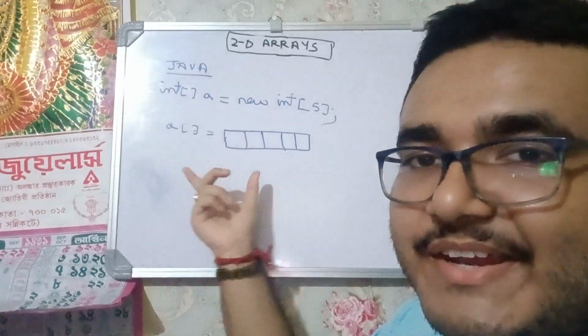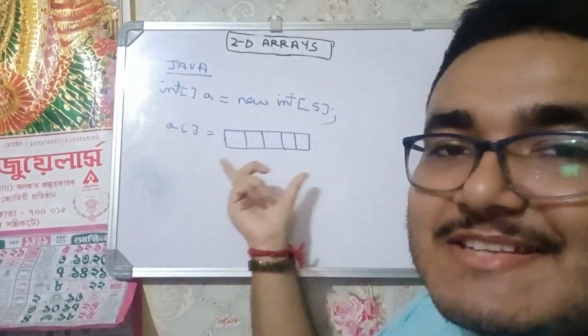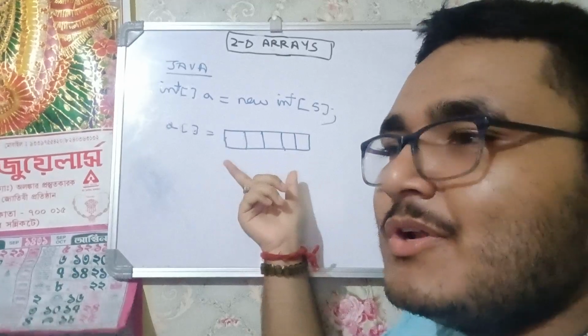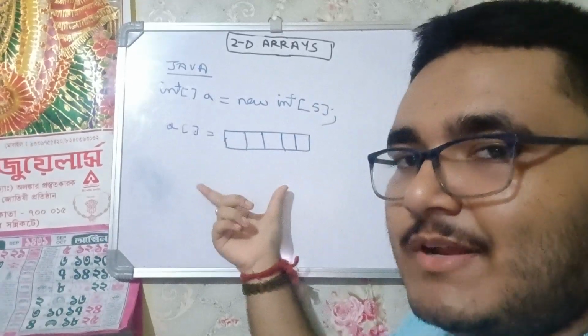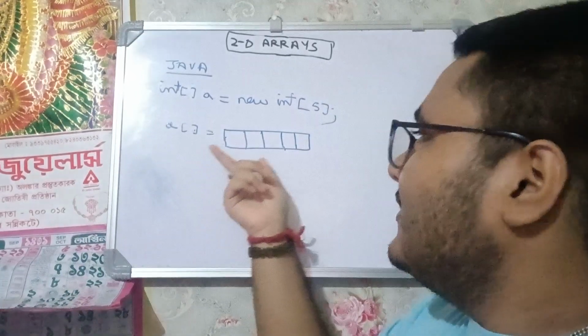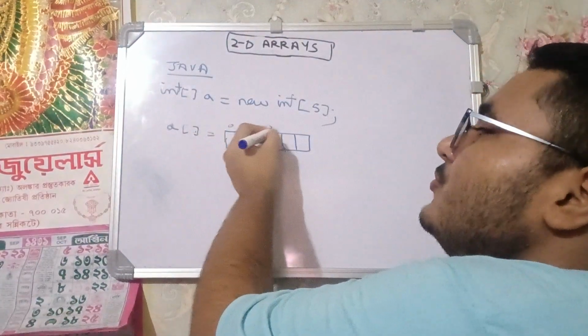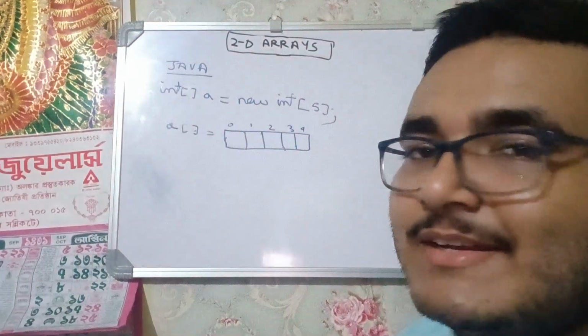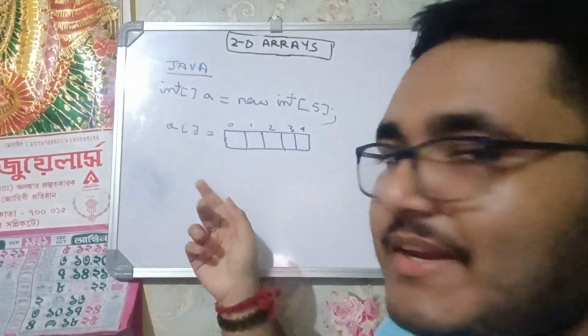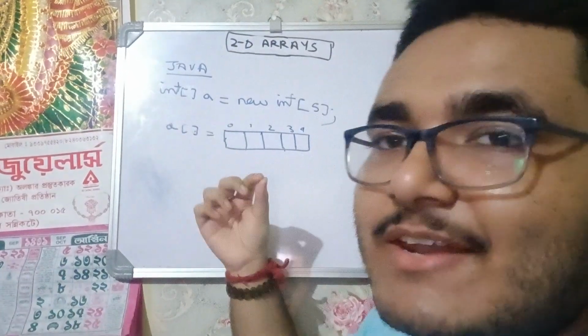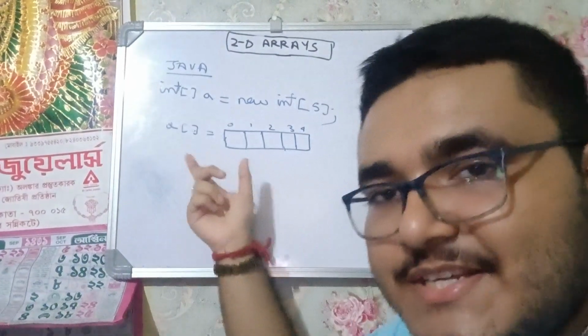This variable has a capacity to store 5 elements together, in different slots indexed with 0 1 2 3 and 4, right? And the very important point is that it can only store elements of integer data type.